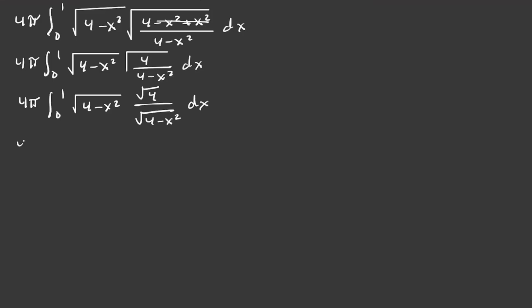From here, I would have 4 pi, 0 to 1. Notice that this square root is the same as the one on the bottom, so they cancel out. The square root of 4 is 2, so I would have 2 dx.